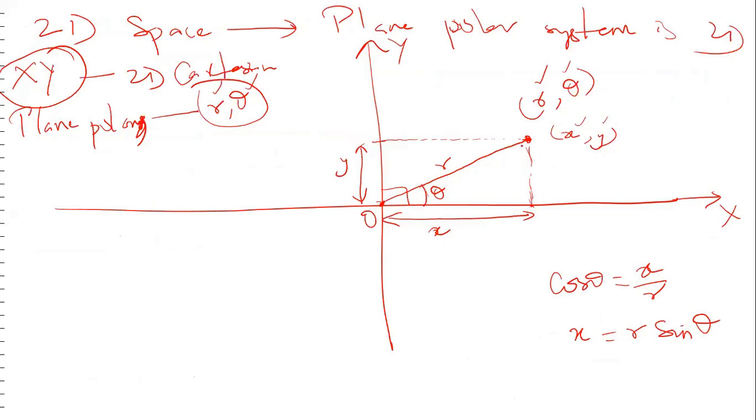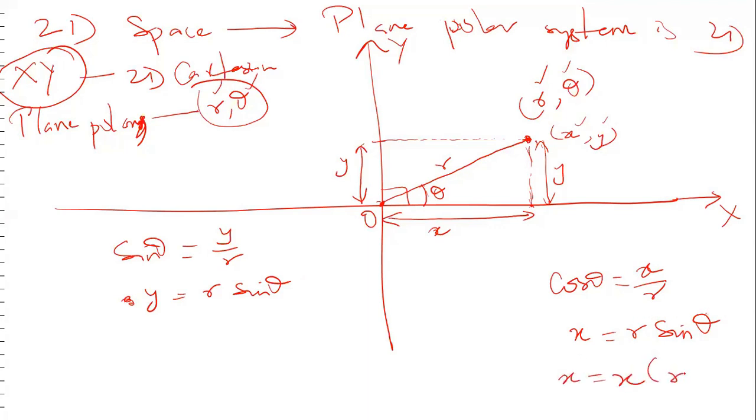Now this height is also y, so if you take sine theta, it will be y upon r, and from here you can write y as r sine theta. As you can see, x can be written as a function of r and theta, and y is also simply a function of r and theta. All right.